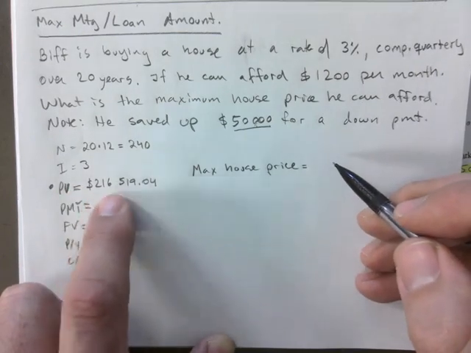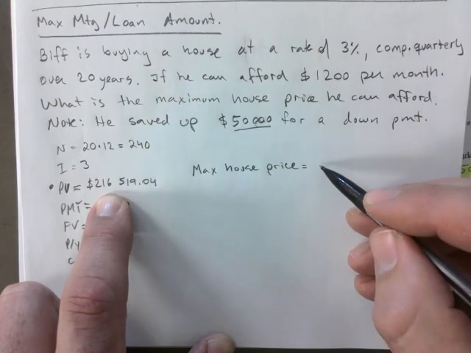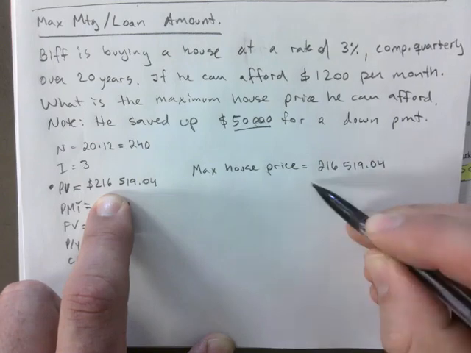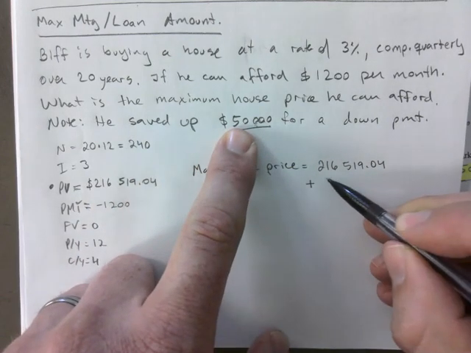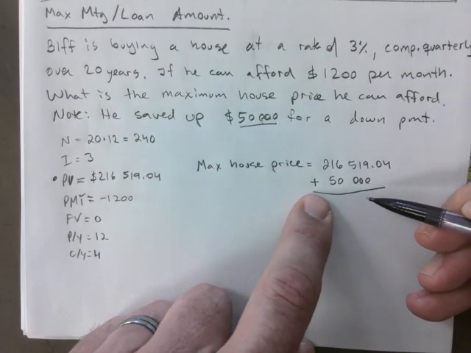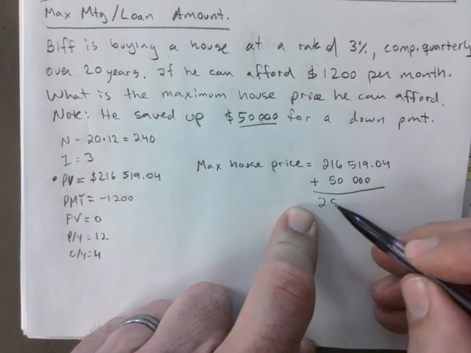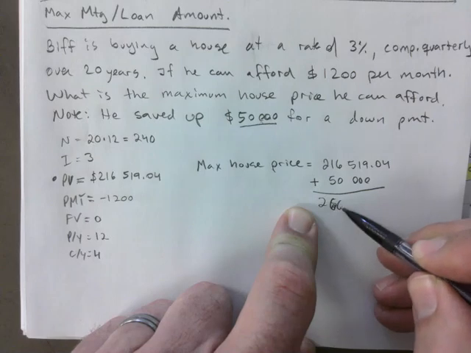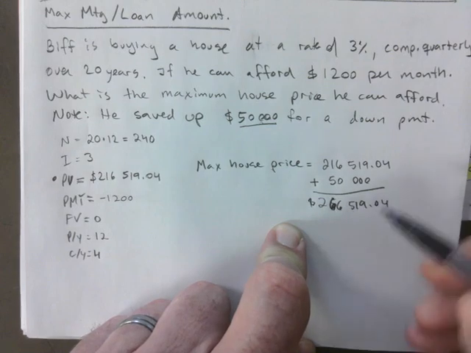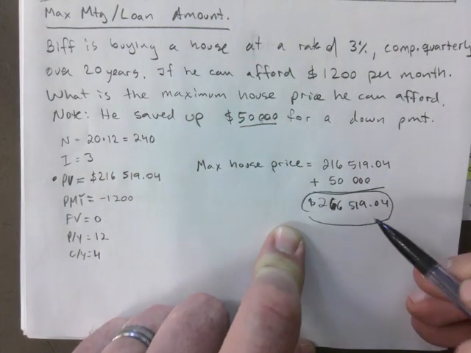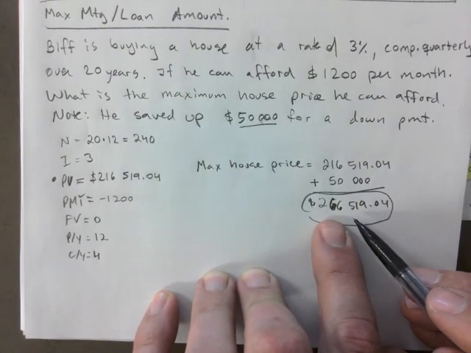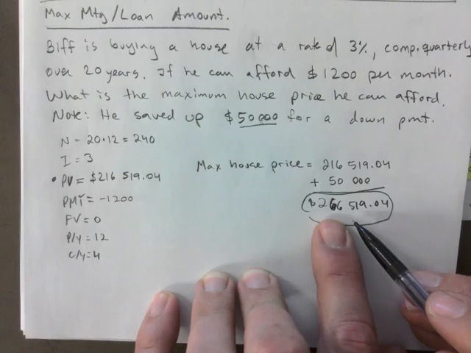You take what you get here when there's a down payment, you go 216,519.04, and you just add whatever that person has saved up for a down payment, because remember, we always go by the house price. Sorry, this is 266,519.04. I just made this up so that if that ever shows up, you're prepared. So this is the maximum house price Biff can afford.